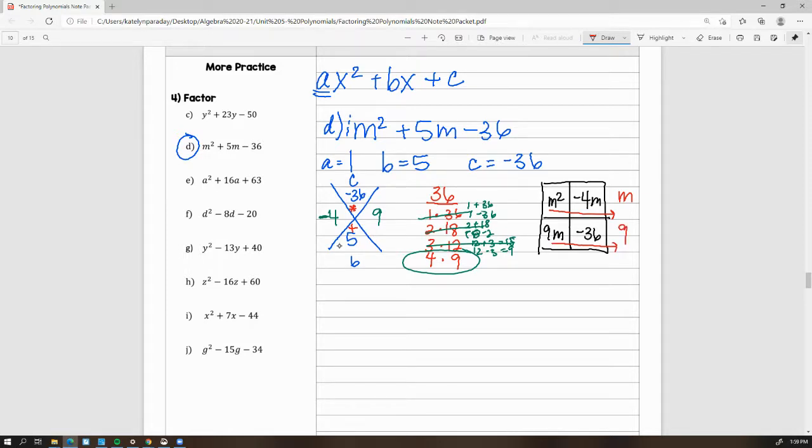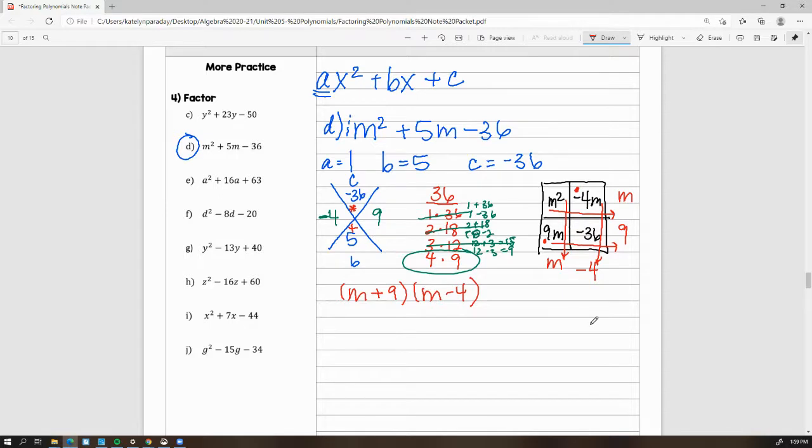I do not take a negative out because this first box does not have a negative. Then I go down, m. Now this first box does have a negative, so I'm going to take out negative 4, and I can divide both of those numbers by 4. So my answer is m plus 9, m minus 4.